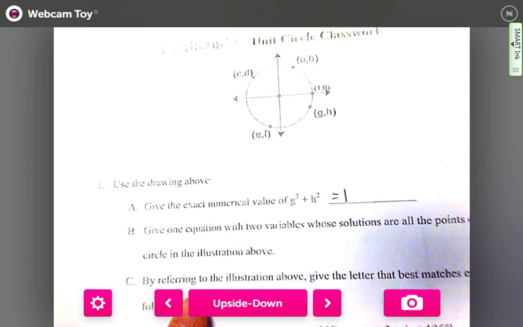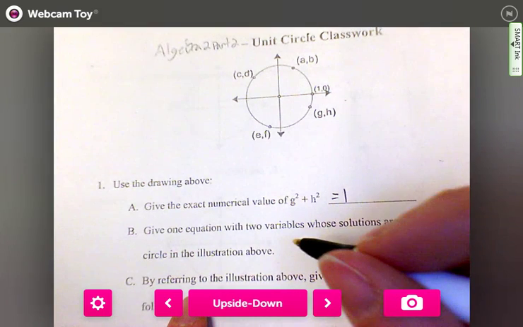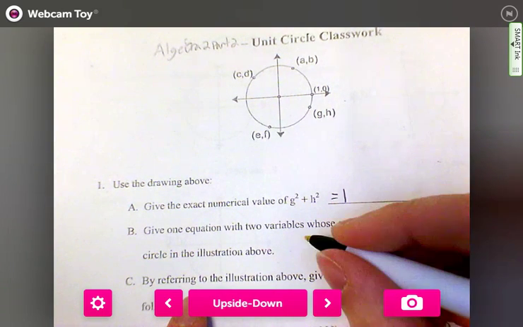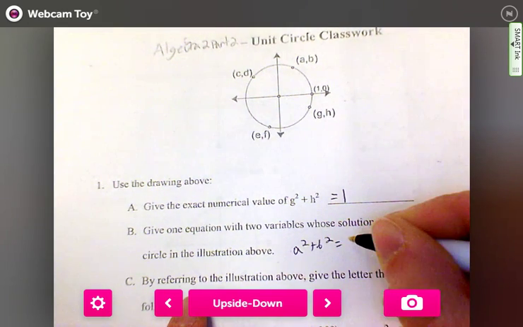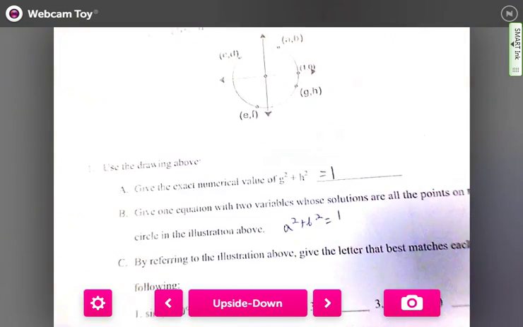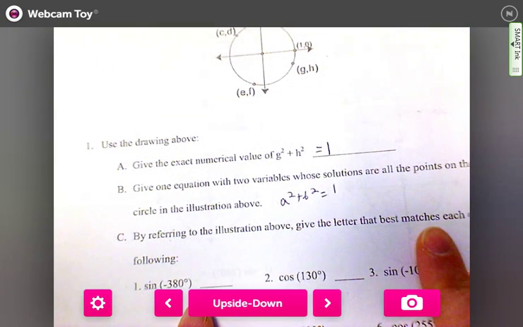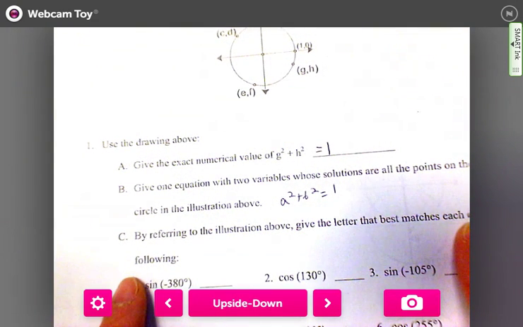Given one equation with two variables whose solutions are all the points on the circle in the illustration above, it's the same thing. We could say g squared plus h squared equals 1 squared, or we could say a squared plus b squared equals 1. Same thing. By referring to the illustration above, give the letter that best matches each of the following.